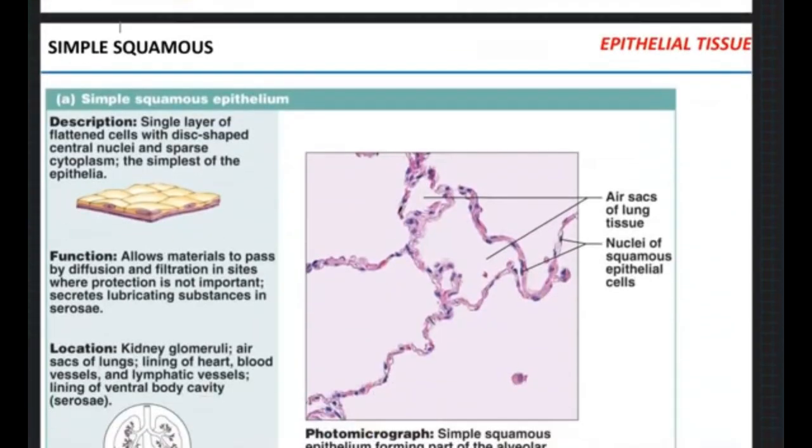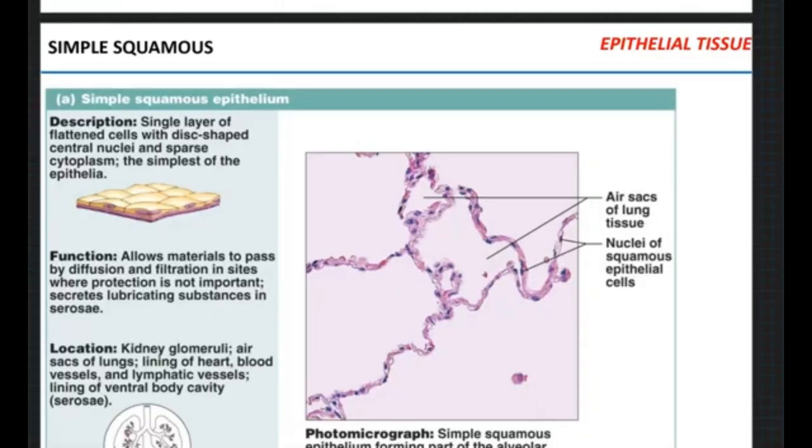So let's talk. This list that you will see now contains the exact epithelial tissues that you need to know. For each tissue, there are several things you must understand. First, the function. Second, how the structure of the tissue is relevant to its function.